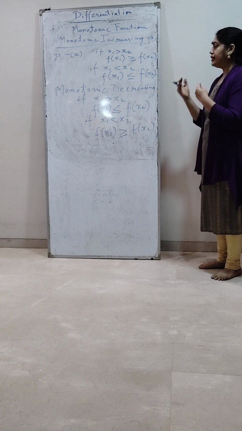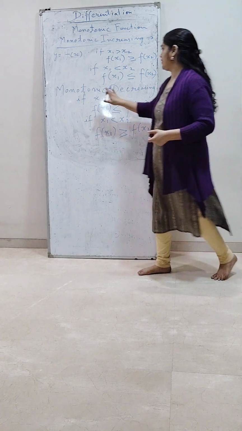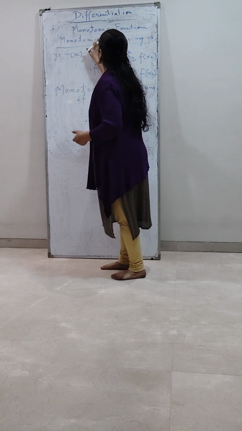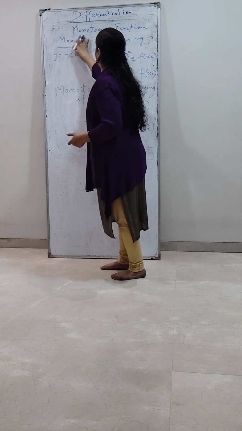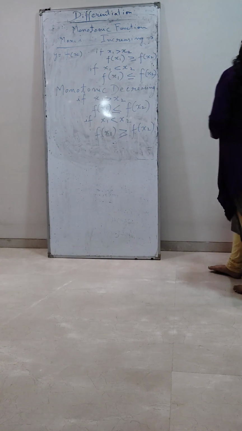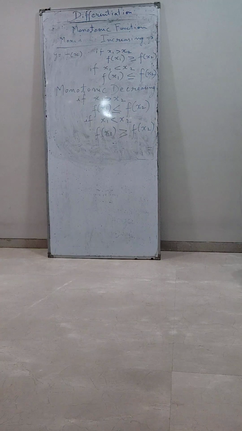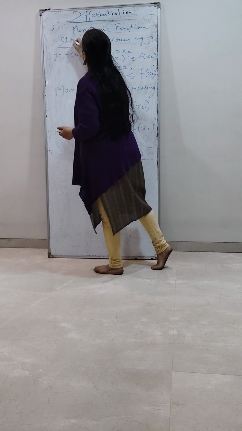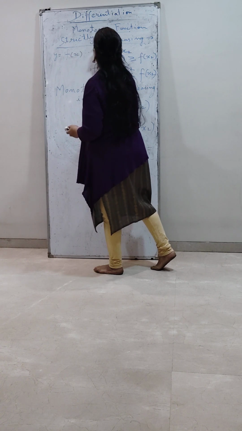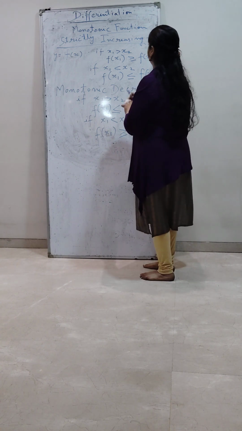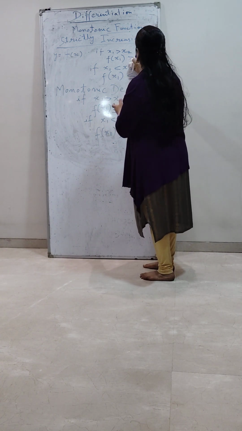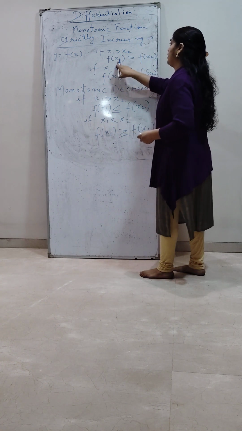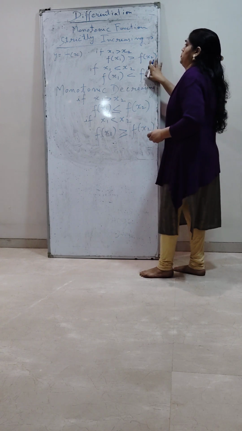Now strictly increasing and strictly decreasing. If I say strictly increasing, then if I remove the equal sign, it will mean that if x1 is greater than x2, then f(x1) will always be greater than f(x2), not equal to.